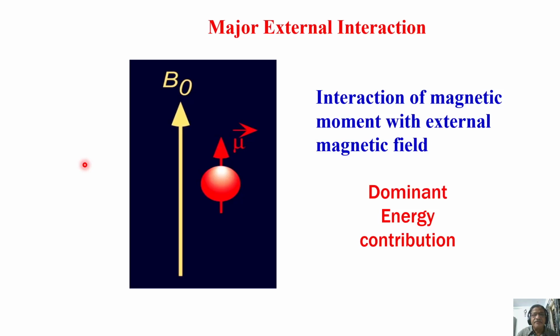First, we'll understand the external interaction. The major interaction is the interaction of the magnetic moment, the spin of the nucleus, with the strong external magnetic field B naught that we are going to put. Why do I say it is the dominant interaction and its strength is very large?